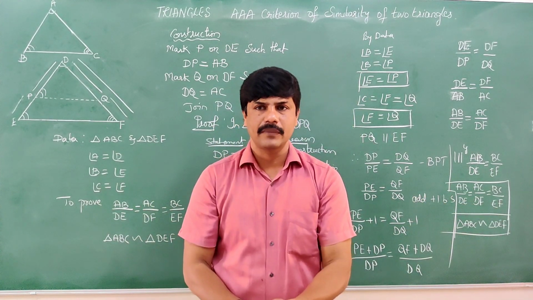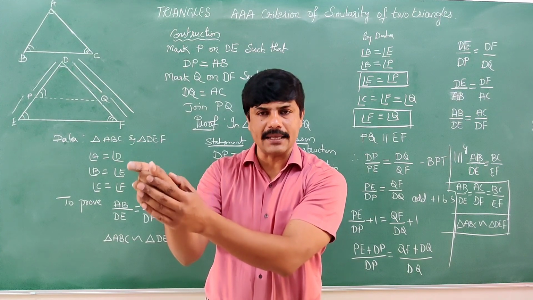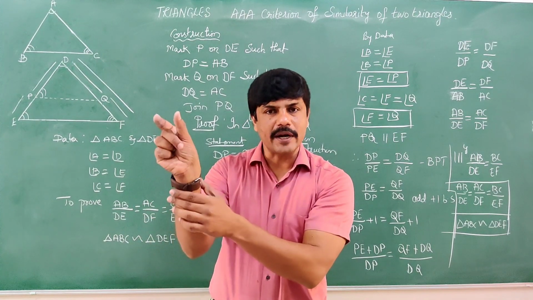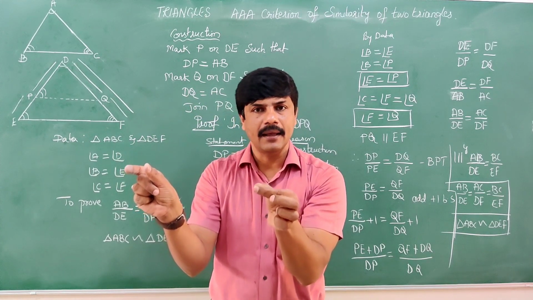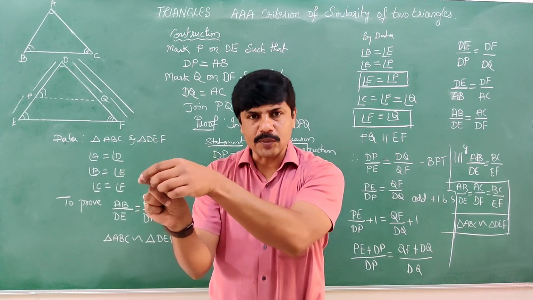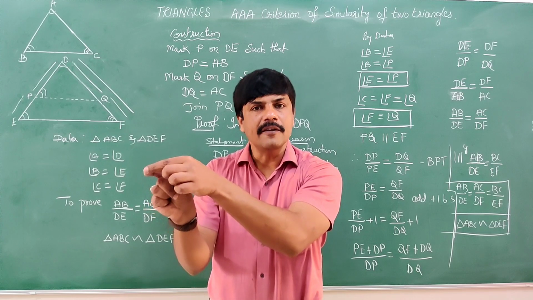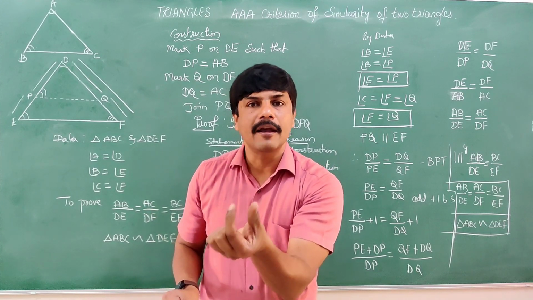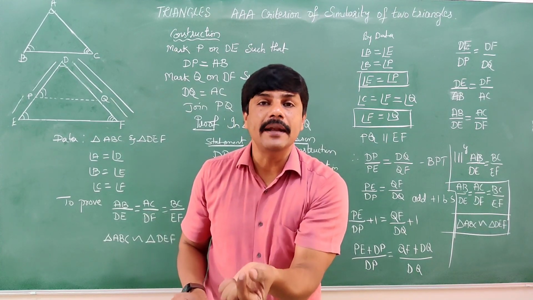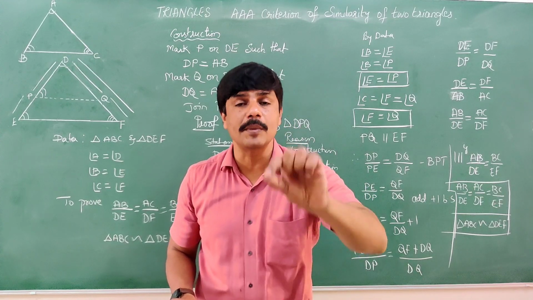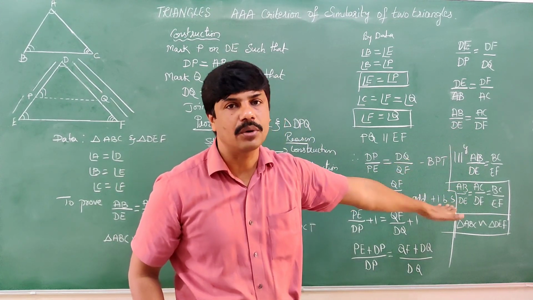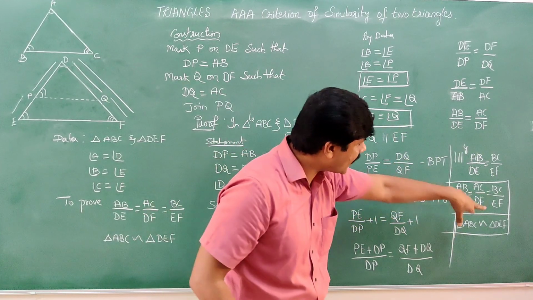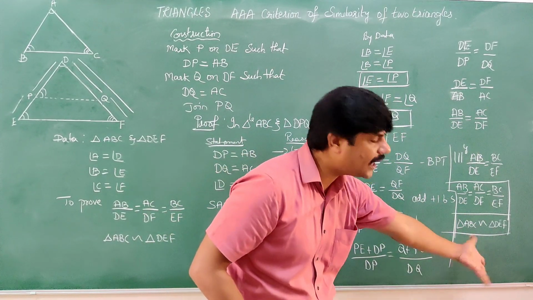In two triangles, if corresponding angles are equal, or if two triangles are equiangular, then their corresponding sides are automatically in the same ratio. And if their corresponding sides are in the same ratio, then they are automatically what?